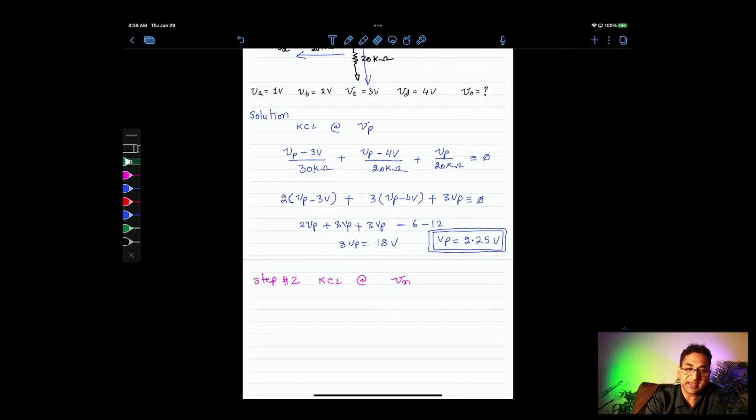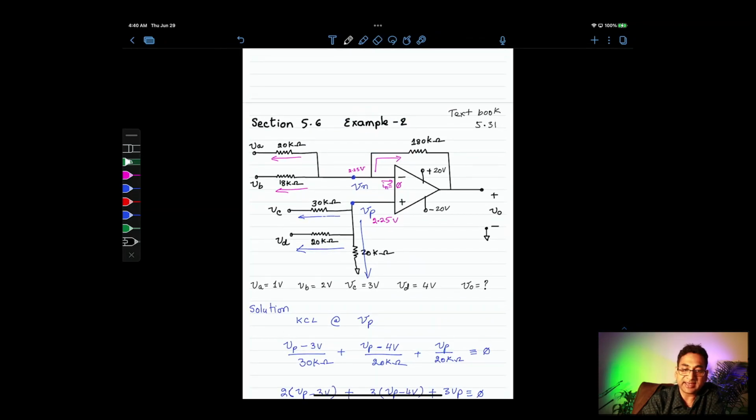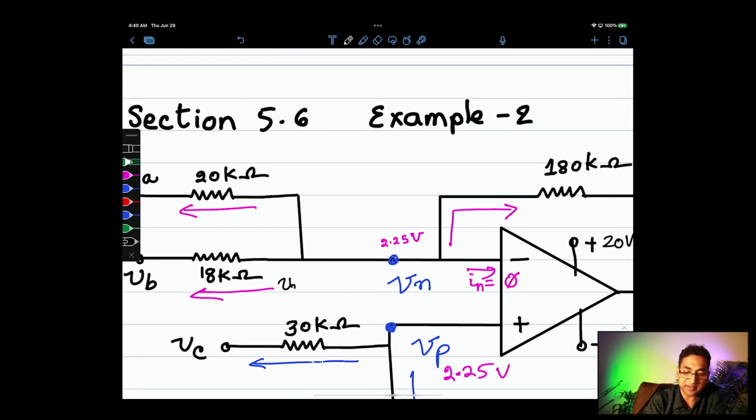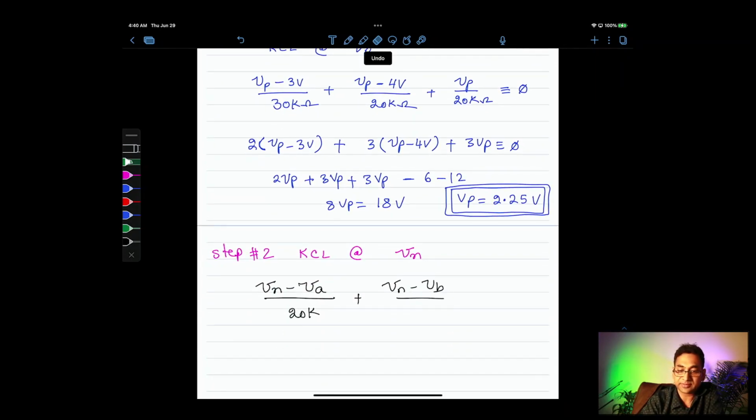So Vn minus Va by 20k, plus Vn minus Vb over 18k, plus Vn minus Vo over 180k.